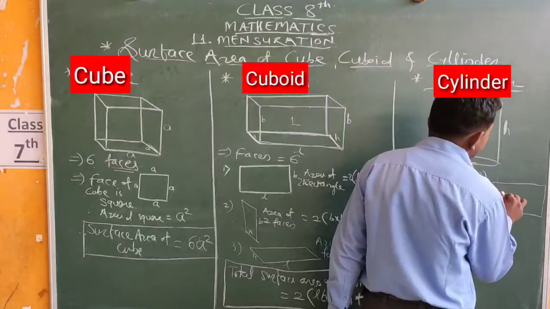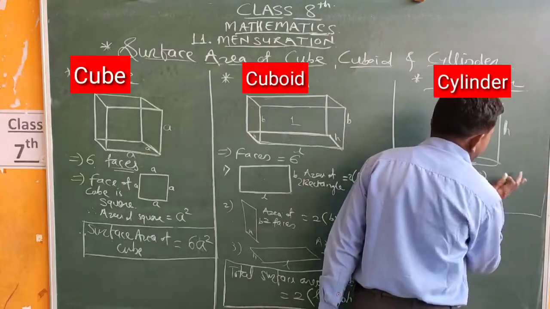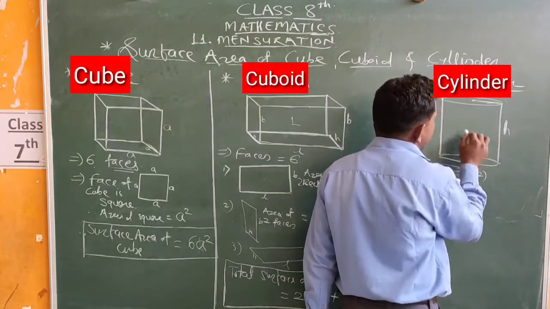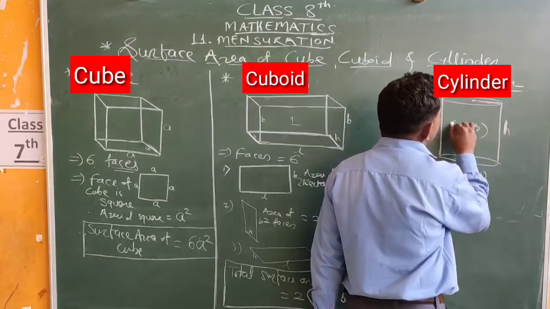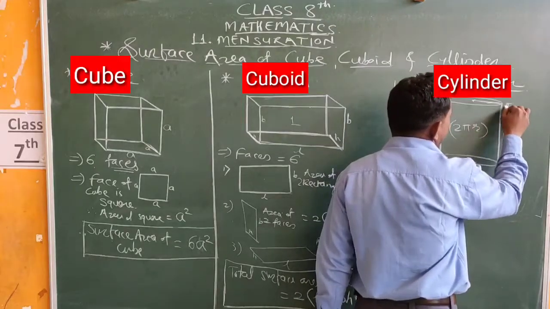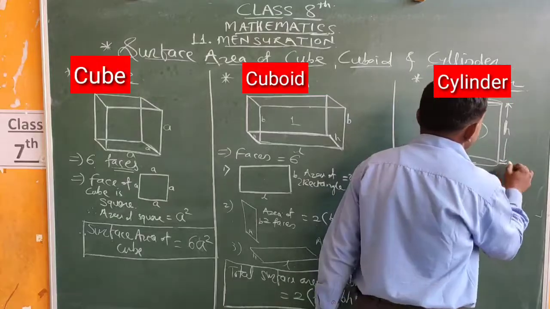When we round this, then this area is 2 pi r, with the radius, with the height.